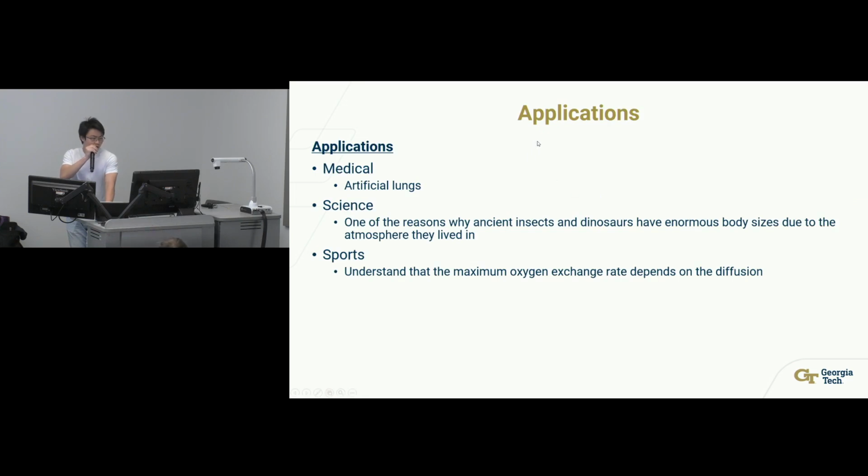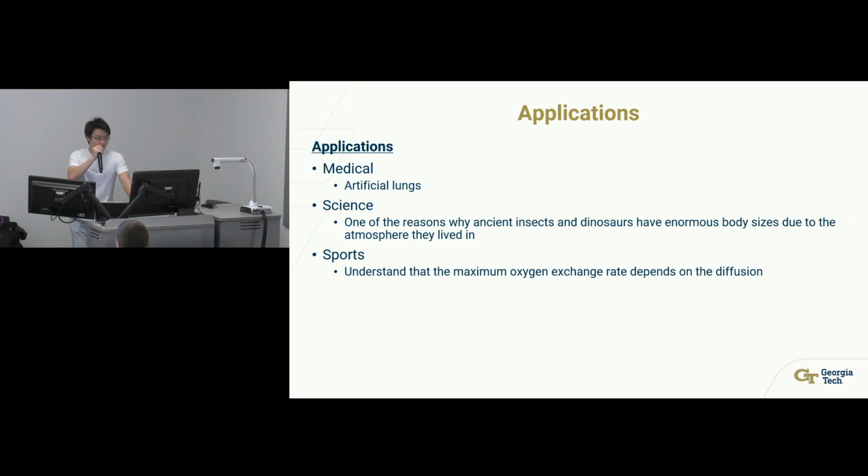Here are some of the applications that you can think of about this research. The first one is the medical one. If we can understand well the diffusion rates of oxygen, we can design some artificial lungs for organ transplant. Another one is the science.